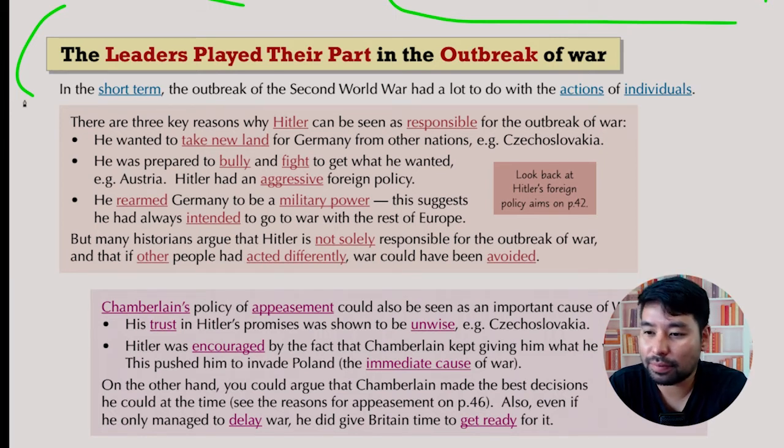And the last information here: many historians argue, though maybe they don't all have the same opinion, that Hitler is not the only one responsible for the outbreak of war, and that if other countries' leaders had acted differently, taken different action, perhaps war could have been avoided.